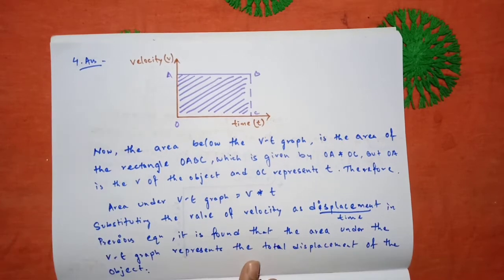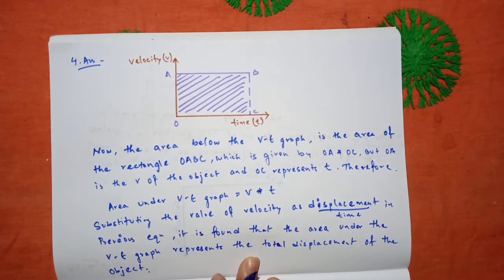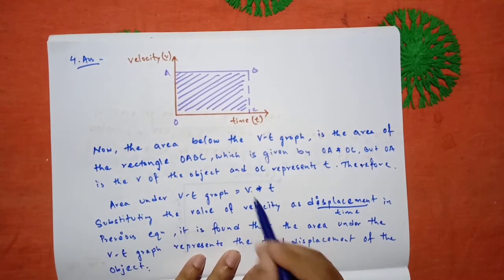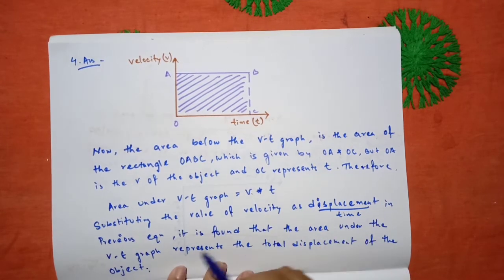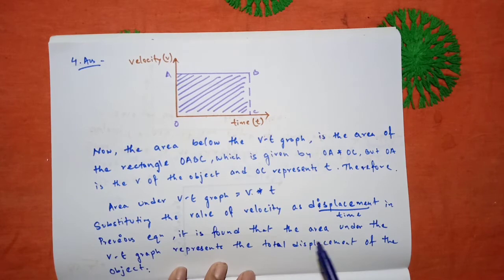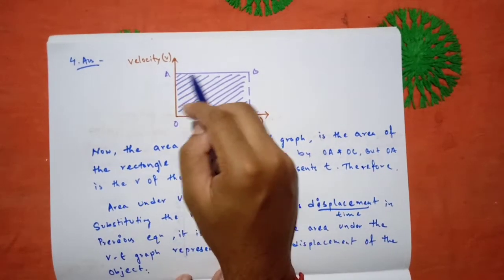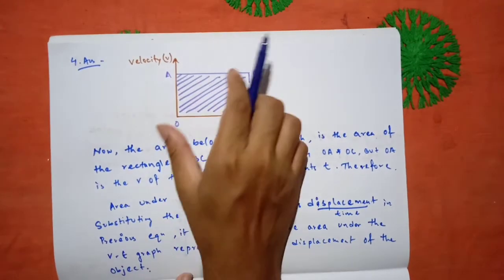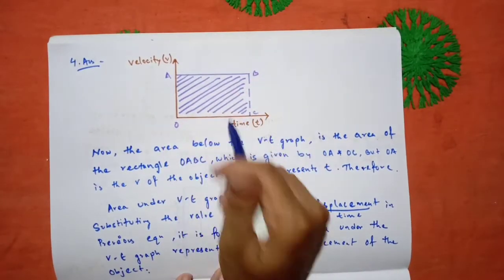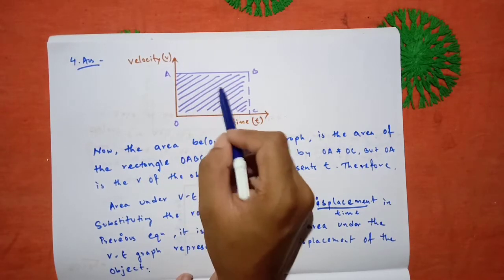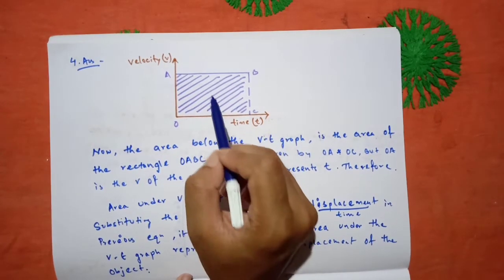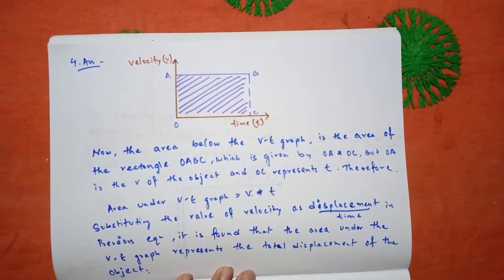First of all we change this velocity to displacement by time. From this equation it is found that the area under this curve represents the total displacement of the object.